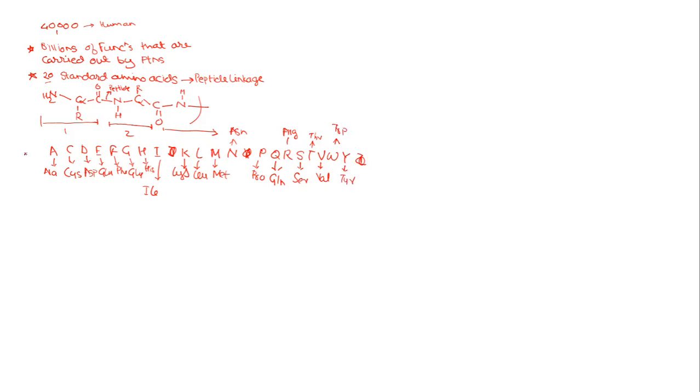We don't have Z. So these are all the 20 standard amino acids from which at least proteins from planet Earth are made up.